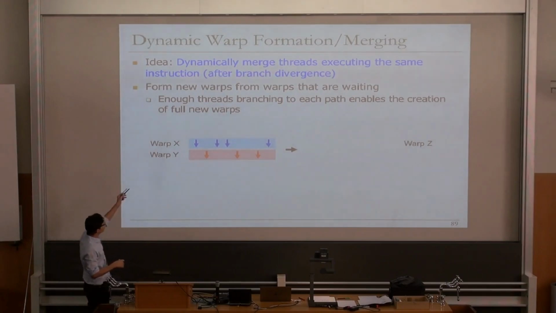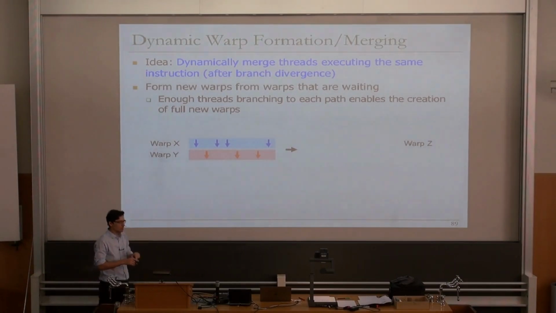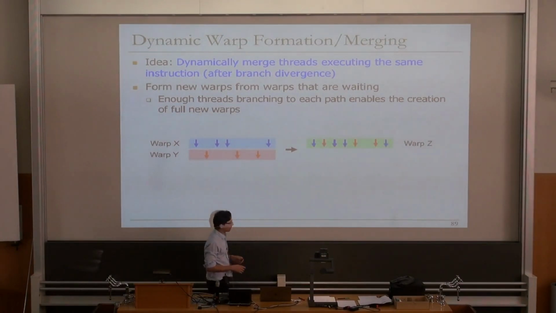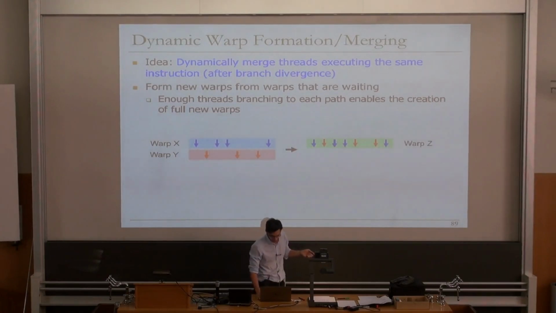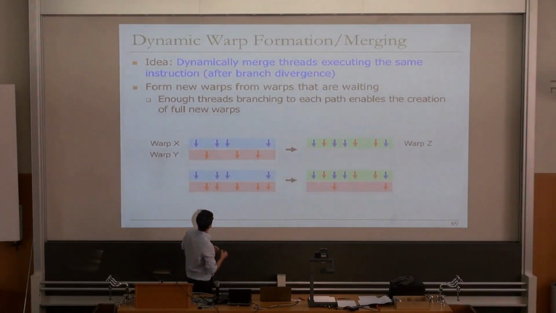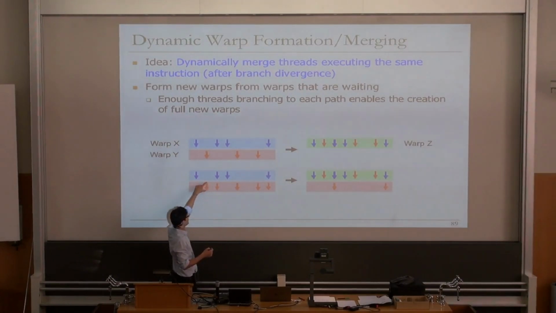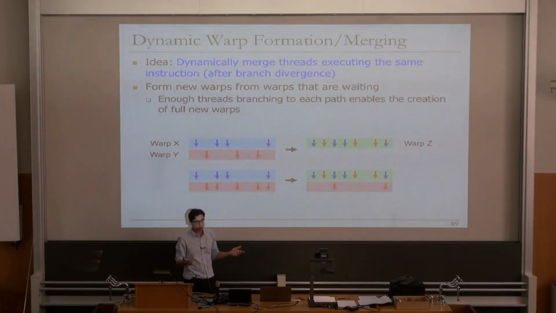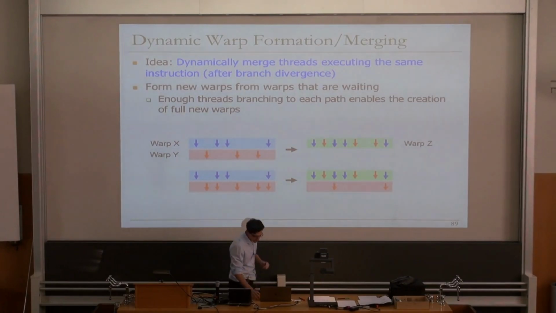So if we have two warps, warp X and warp Y, that are going to go through the same path, one thing that we could do is merging them as much as possible in a newly formed warp, in this case warp Z, in a way that we move these threads from warp Y to warp X, because the corresponding thread in warp X is not going to be executed because its mask or predicate value is 0.